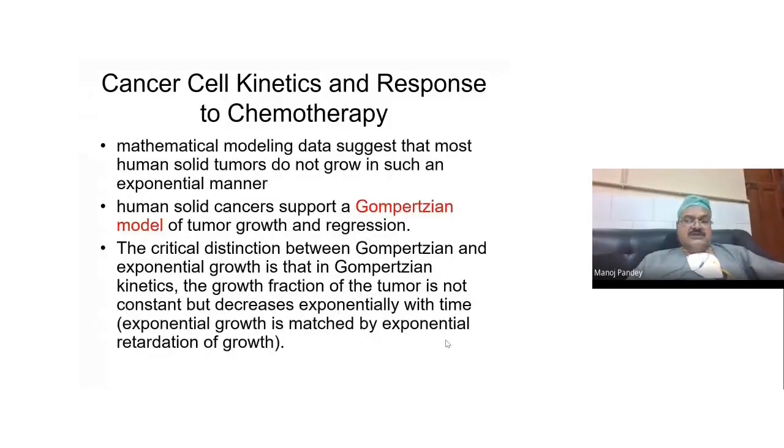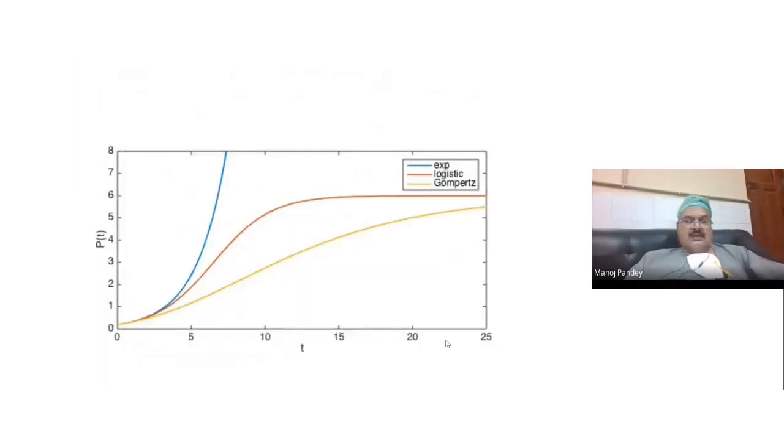Now the tumors follow what is called a Gompertzian model. They usually do not follow the exponential or logarithmic models. The reason for the Gompertzian model is these 3 models here. If you have an exponential model like the blue line, the cells will keep on increasing with time.